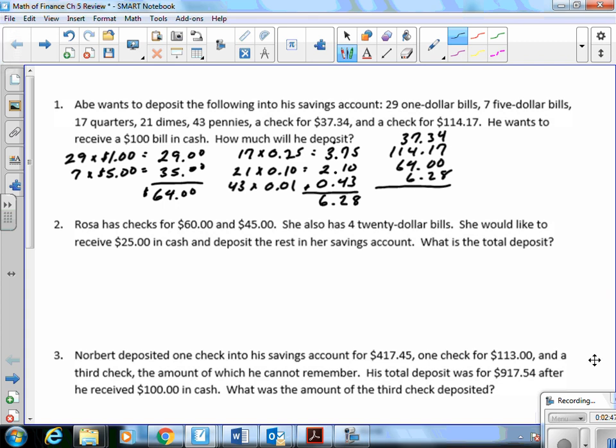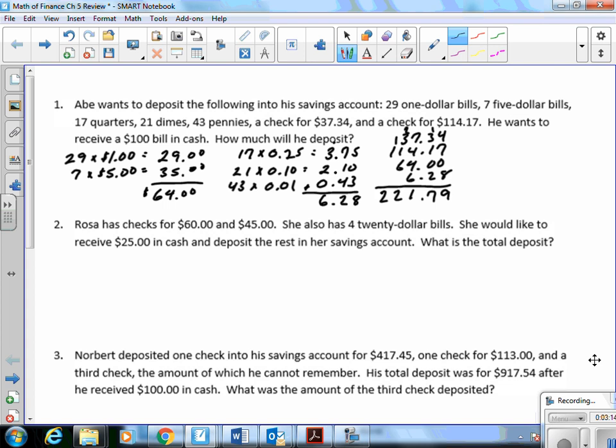We got 11 and 8 is 19, 4, 5, and 7 on 11, 15, 21. Carry 2, 5, 6, 12, carry the 1. So 221.79 is all the money that he's putting in there.